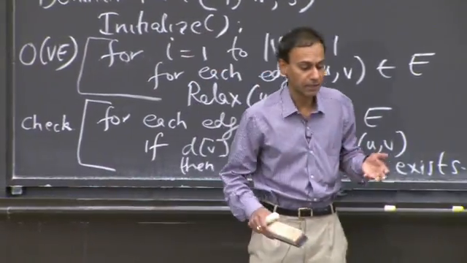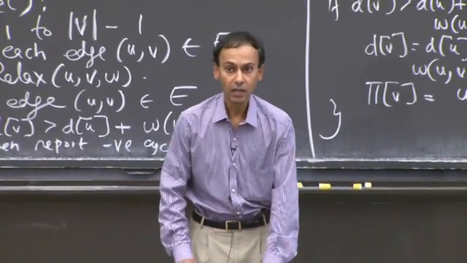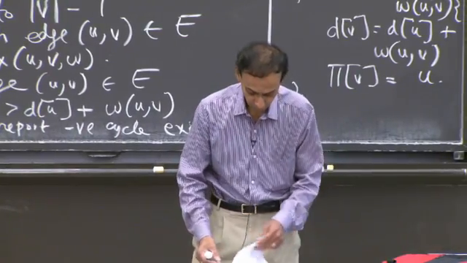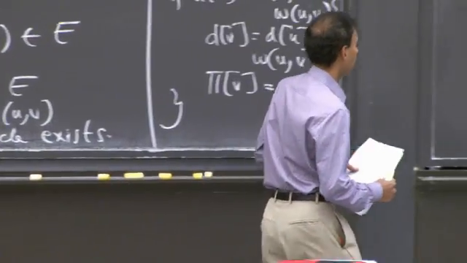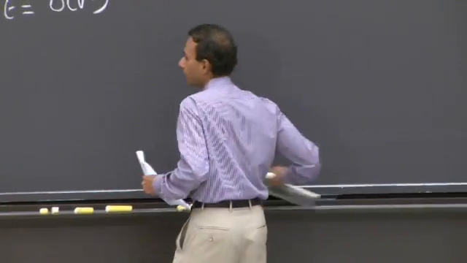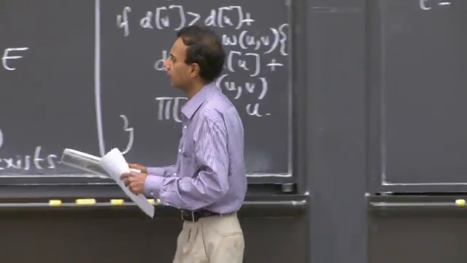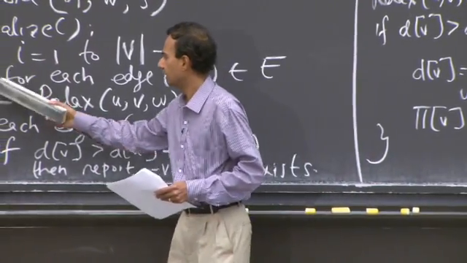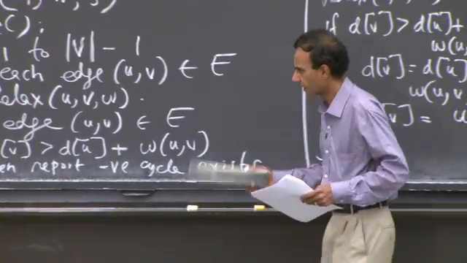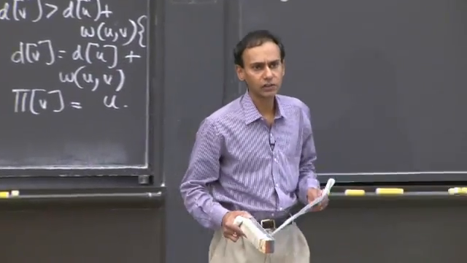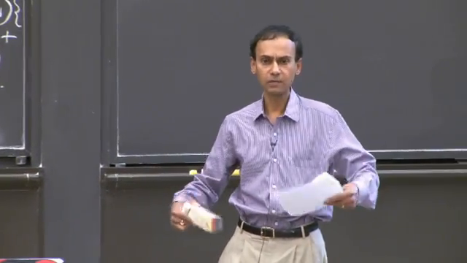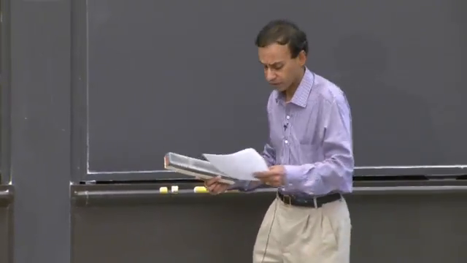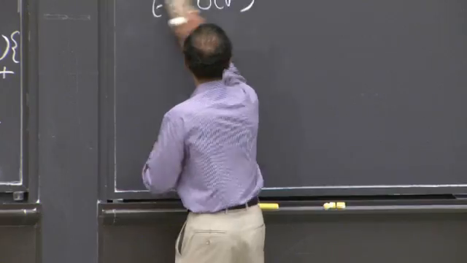This looks a bit like magic. It turns out we can do a fairly straightforward proof of correctness of Bellman-Ford, and we're going to do two things. We'll show that if negative weight cycles don't exist, this will correctly compute shortest paths, but we also have to show that it will detect negative weight cycles if they in fact exist. So there are two parts to this.